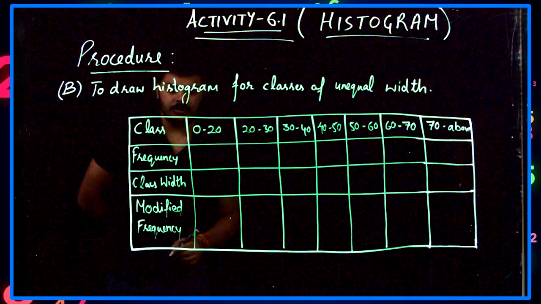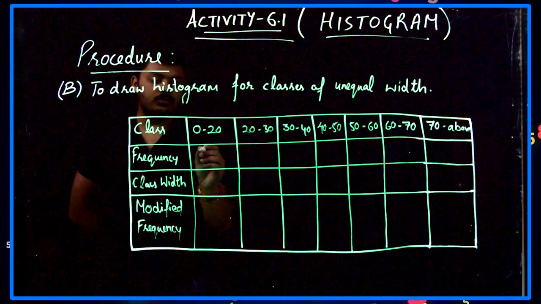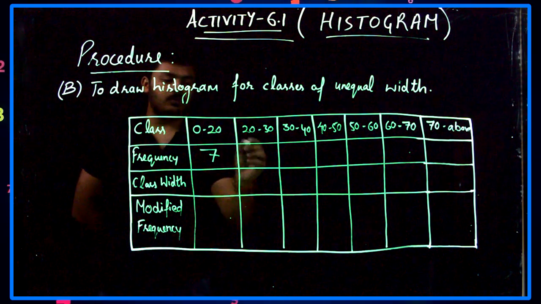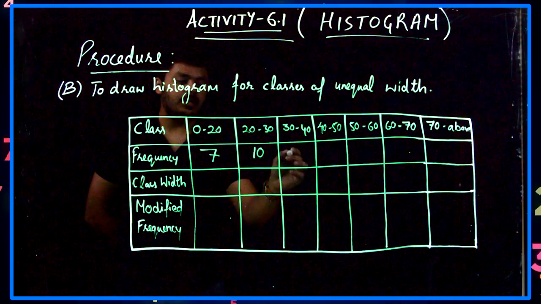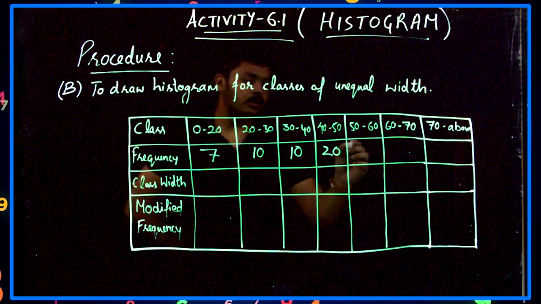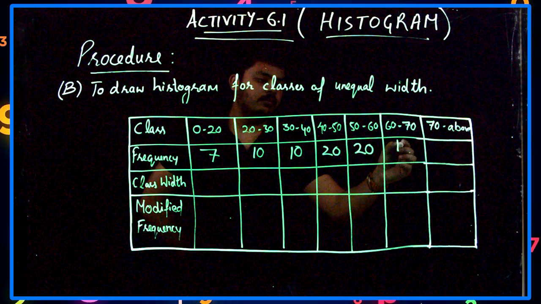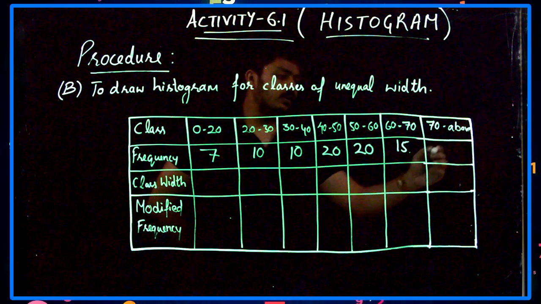And the frequency for 0 to 20 is 7, for 20 to 30 it is 10, for 30 to 40 it is 10, for 40 to 50 it is 20, for 50 to 60 the frequency is 20, for 60 to 70 it is 15, and for 70 above it is 8.